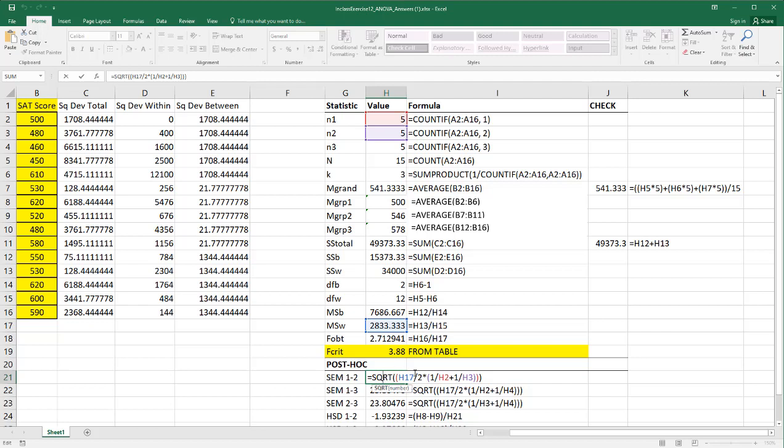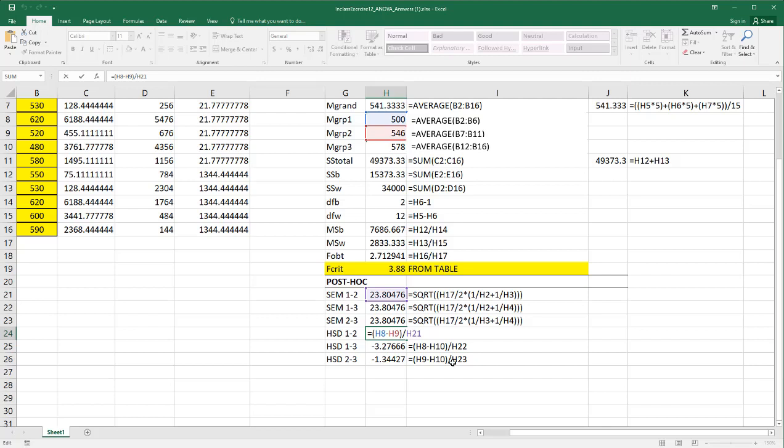So here we take the square root of the mean squares within, we divide that by 2, we multiply that by 1 over the n for group 1 and 1 over the n for group 2, multiply that sum of those two quotients by mean squares within divided by 2, and then take the square root of the whole thing, and that gives us 23.80. And as I mentioned, it's going to be equal in this case because n is equal for all three groups. If the n was different, then this error term would be different.